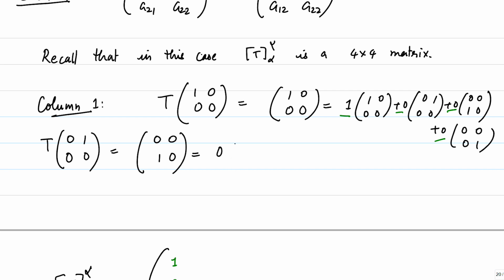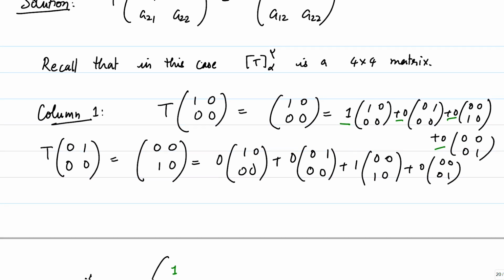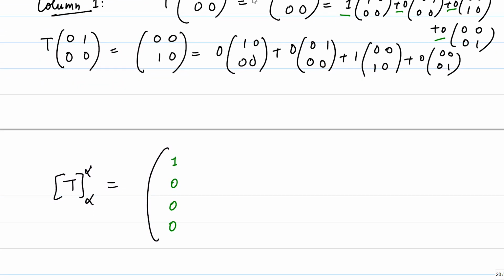This is equal to 0 times 1 0 0 0 plus 0 times 0 1 0 0 plus 1 times 0 0 1 0 plus 0 times 0 0 0 1. Therefore, what will be the second column here? That is just going to be 0 0 1 0.